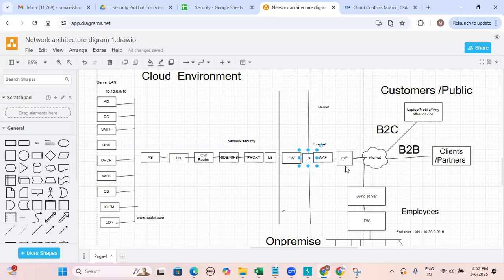Now, once the traffic is coming to the ISP router, in parallel to the ISP router, we have to deploy anti-DOS and anti-DDoS tools, irrespective of the cloud service provider we are using.